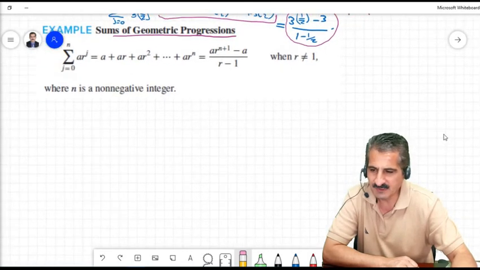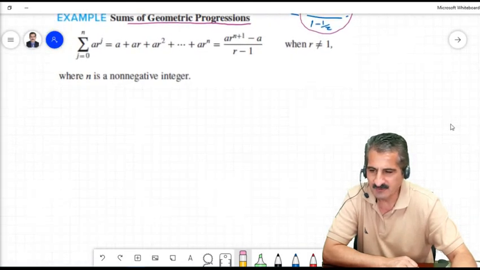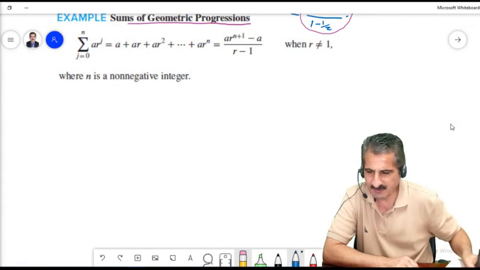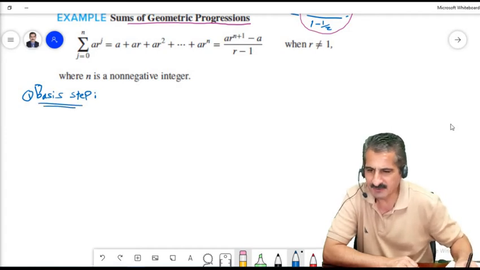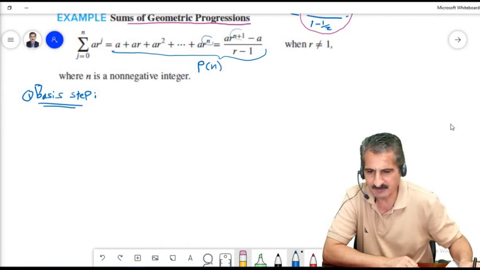this using mathematical induction. So first, let us prove the basis step, which says check this statement. The whole statement here we will call P of n, because it depends on this n. So let's see what P of 1 says.